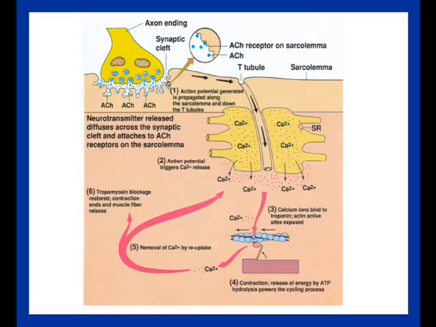Another reason why we need lots of ATP. So we need ATP to detach the cross bridge. We need ATP to pump calcium back into the sarcoplasmic reticulum. That's important. Okay? Then we have tropomyosin blockage restored, contraction ends, and the muscle fiber relaxes. So ATP is very important.